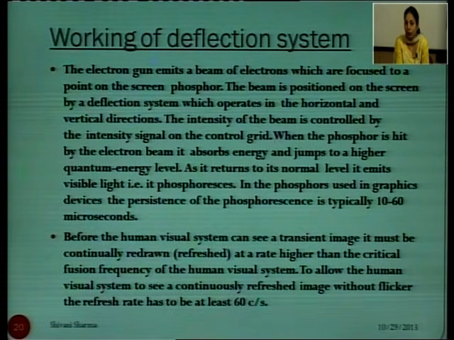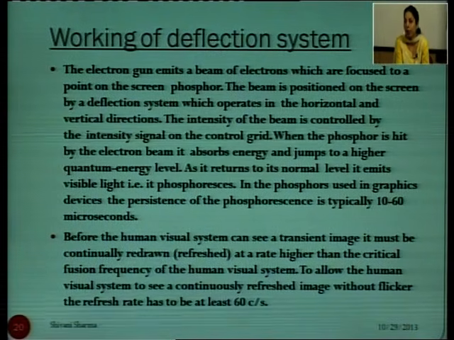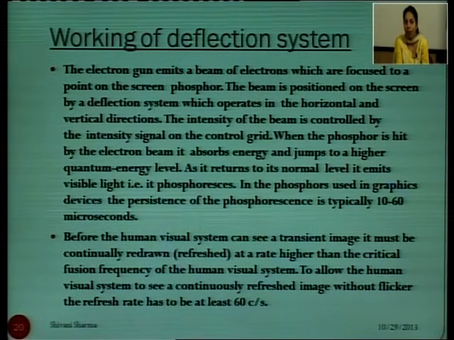In the phosphorus used in graphics display, the persistence of phosphorescence is typically around 10 to 60 microseconds. So for the human visual system to see a transient image, it must be continually redrawn and refreshed at a higher rate.